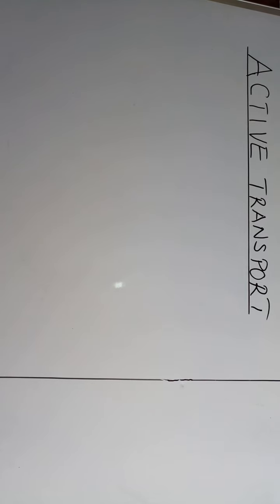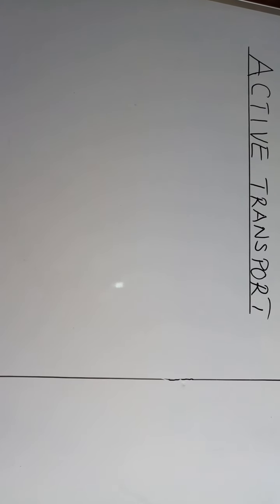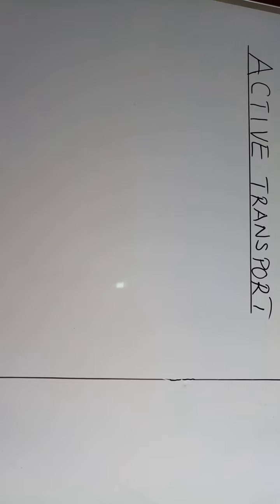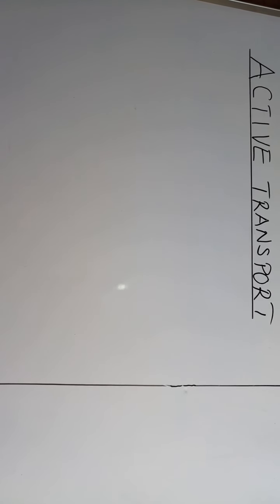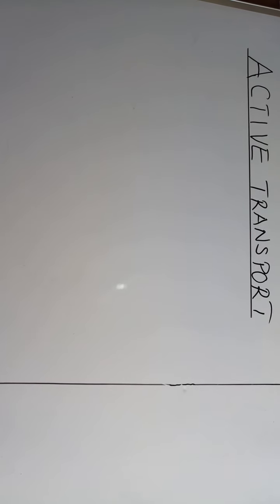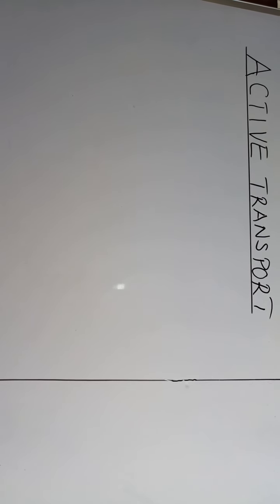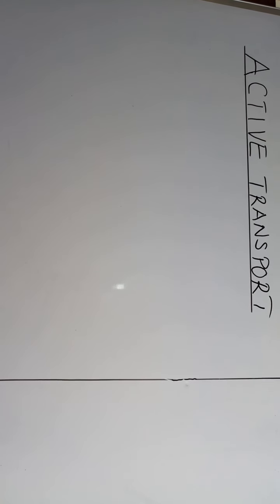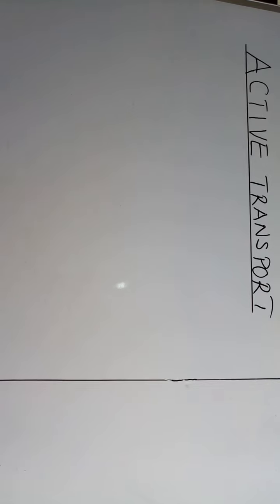I will repeat the definition. Active transport is a process in which energy is used to make particles or molecules of a substance to move from the region of low concentration to the region of high concentration against concentration gradient. What that means is the process of active transport is dependent on energy.